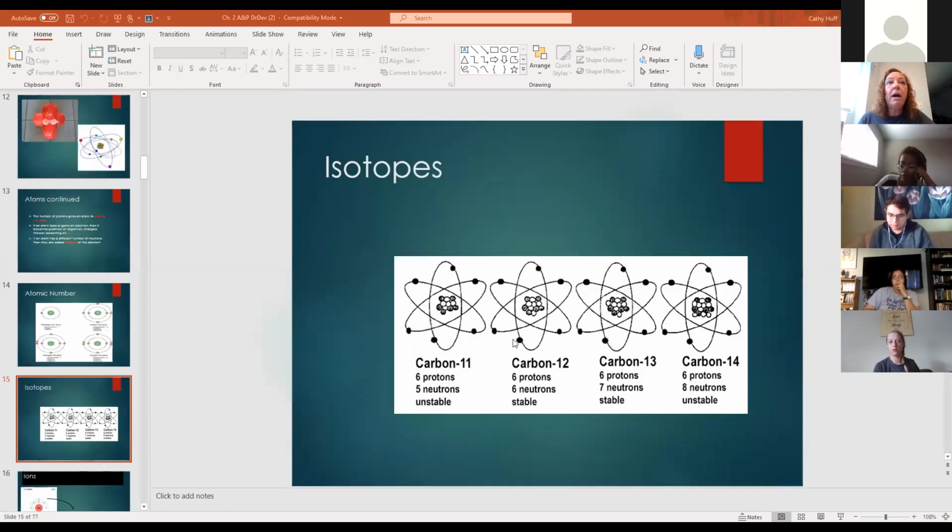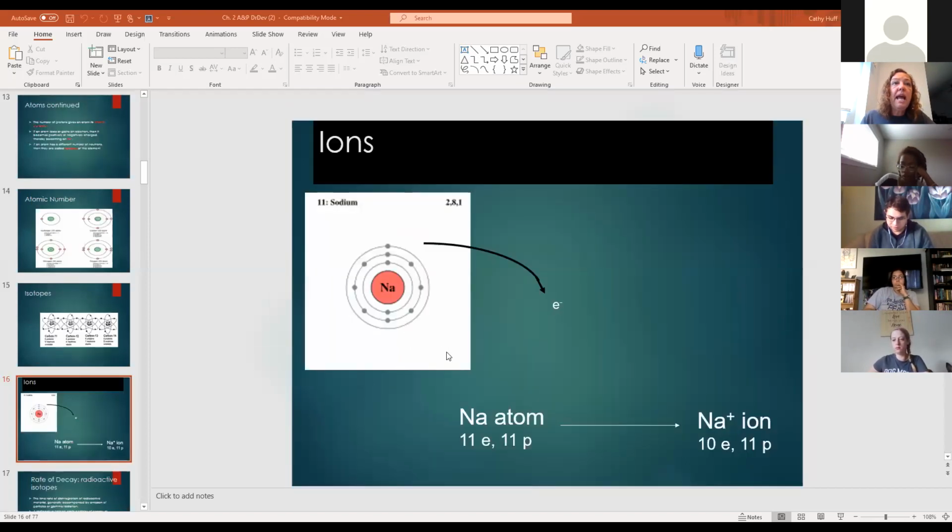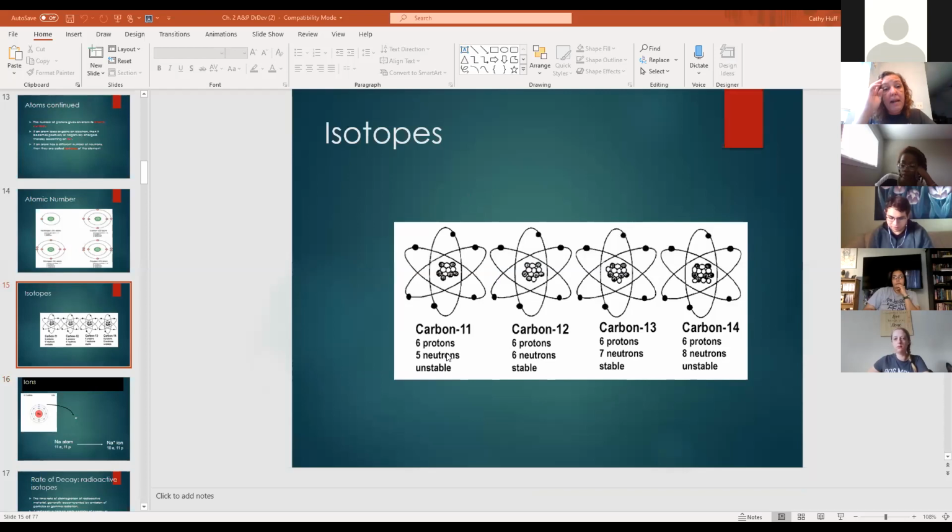We talked a little bit about how we have these isotopes. So we have a different number of neutrons than protons, and that gives us the same element. For example, here we've got carbon, same element, but we have different variations. And we talked a little bit yesterday about the rate of decay, and how we can use our knowledge of carbon to see how it has decayed. That'll give us a clue as to how old something is, because we know how long it takes.